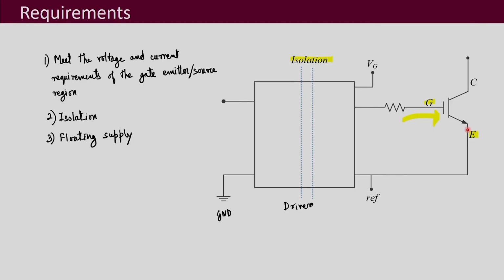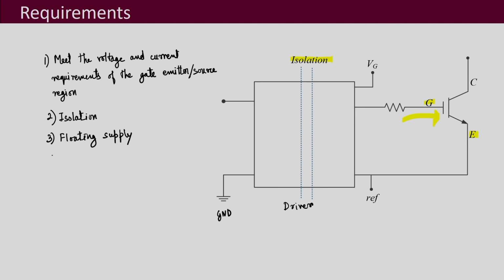So the driver should be capable of working with a floating supply. That means whatever is giving supply to this driver on the output side, let us say that is Vg, gives its voltage with respect to this reference, which is your emitter or source, which may be floating. So it should be capable of working with floating voltages and floating supplies.